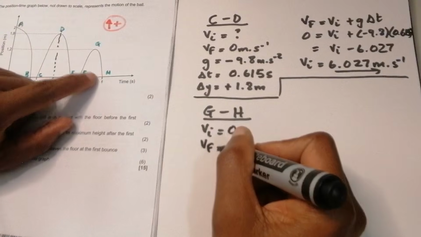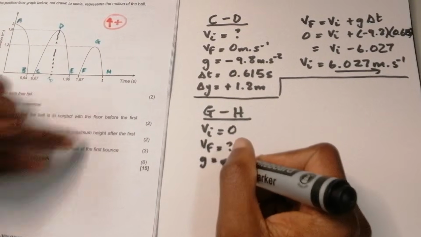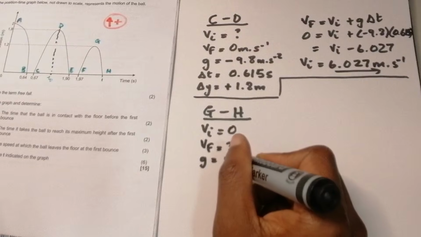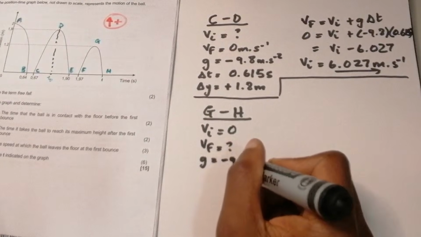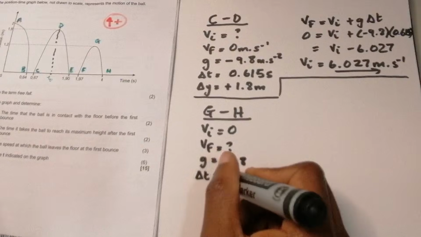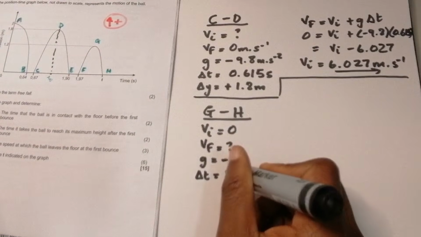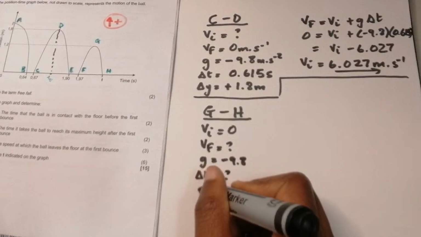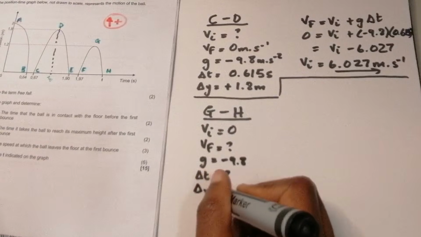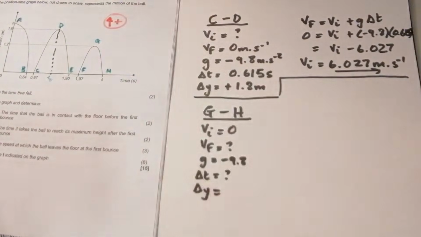So final velocity at H, we don't know, but we know what gravitational acceleration is, right? We said that's minus 9.8. And then do we know the time that it takes? No, we don't. Do we know the displacement between G and H?